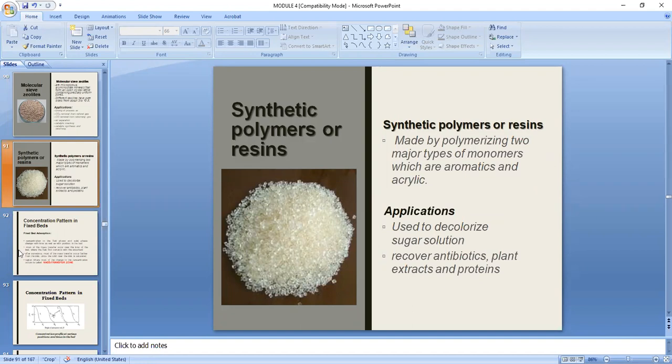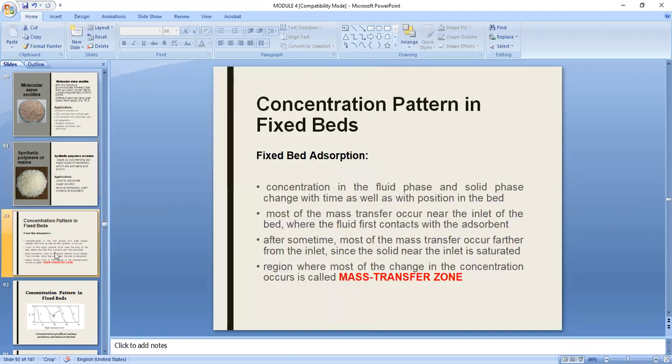Now, the concentration pattern in the fixed bed. What is the concentration pattern in a fixed bed where liquid or gas feeds are being processed that way? The components need only to be adsorbed on the fixed beds or solids.